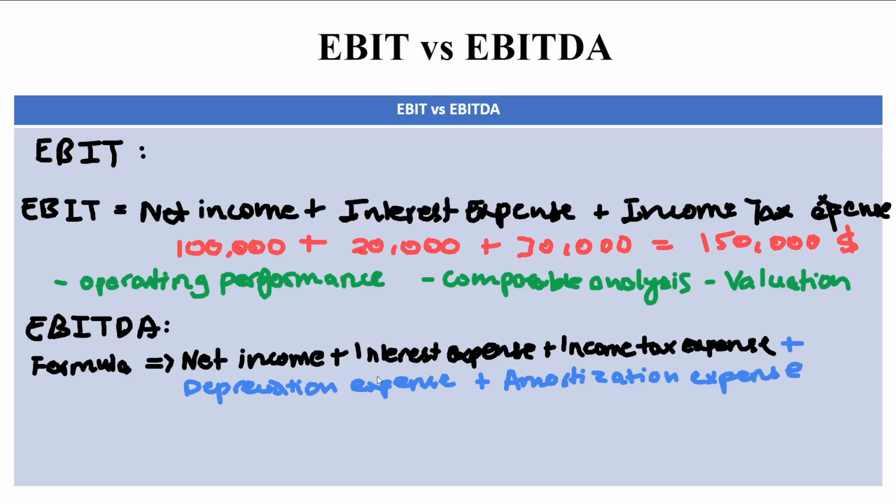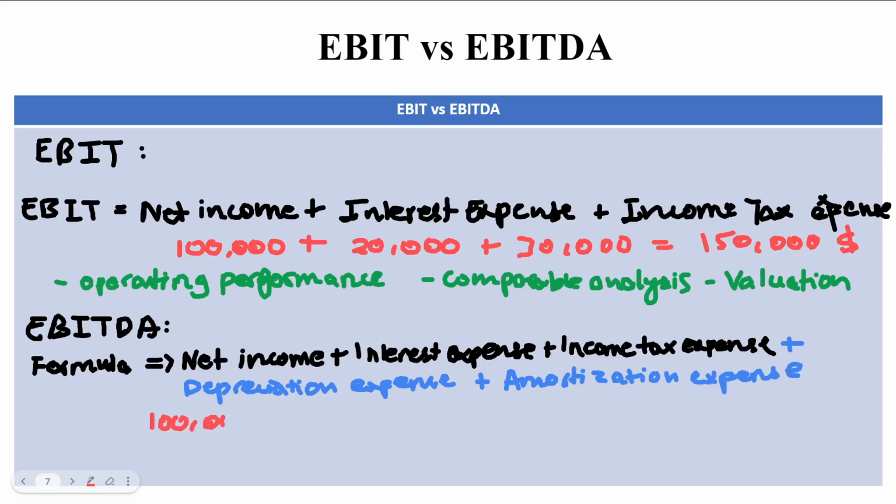Now let's go ahead and look at an example. If a company has a net income of $100,000, interest expense of $20,000, income tax expense of $30,000, depreciation expense of $15,000, and amortization expense of $5,000, and they're asked to calculate its EBITDA, let's write down the expression we're going to use.